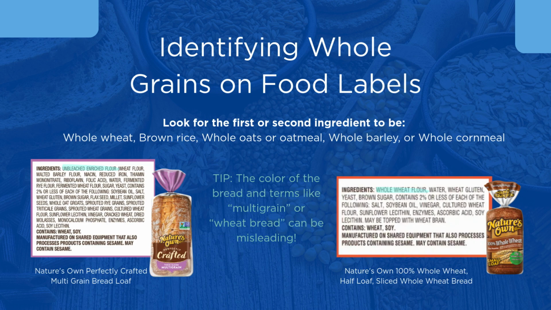When you want to identify a whole grain by reading ingredients, we want to ensure that the first two ingredient names say something like whole wheat, brown rice, whole oats, whole barley, whole cornmeal. I added two examples here. I have a bread that says crafted multigrain on your left side.